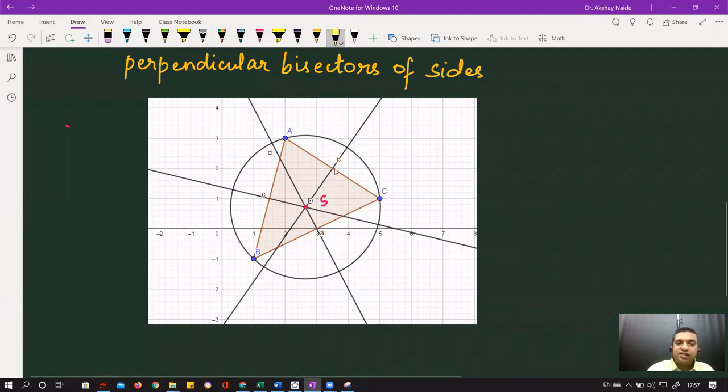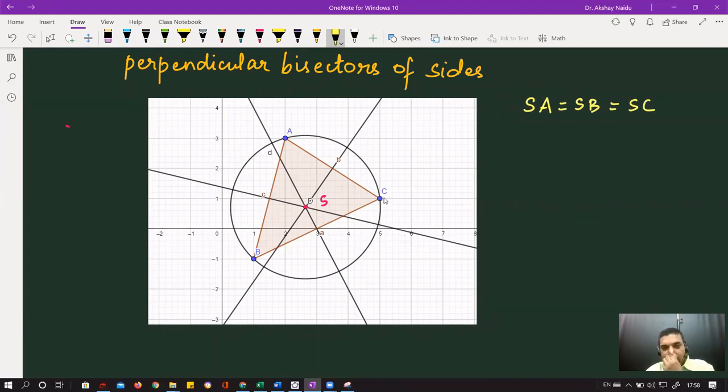This circumcenter S is the center of this circle. This circle is called the circumcircle, which circumscribes the triangle ABC. It passes through the vertices, and this is the center. A lies on the circle, B lies on the circle, C lies on the circle, and the distance of the center from any point on the circle will be equal. So SA will be equal to SB will be equal to SC.